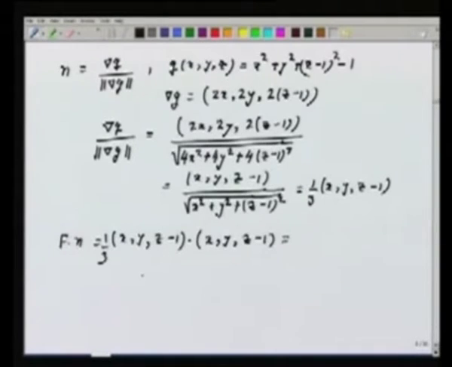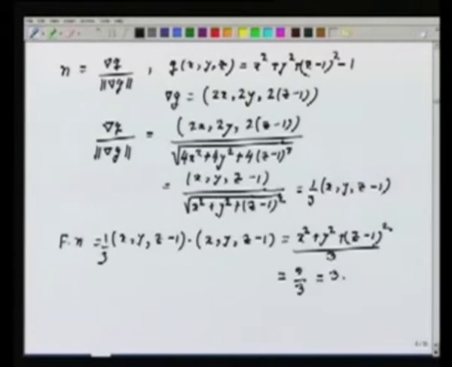So again I get x square plus y square plus (z minus 1) whole square divided by 3. But (x, y, z) are points on the surface, so this numerator is actually 9, so it is 9 by 3, so it is equal to 3.